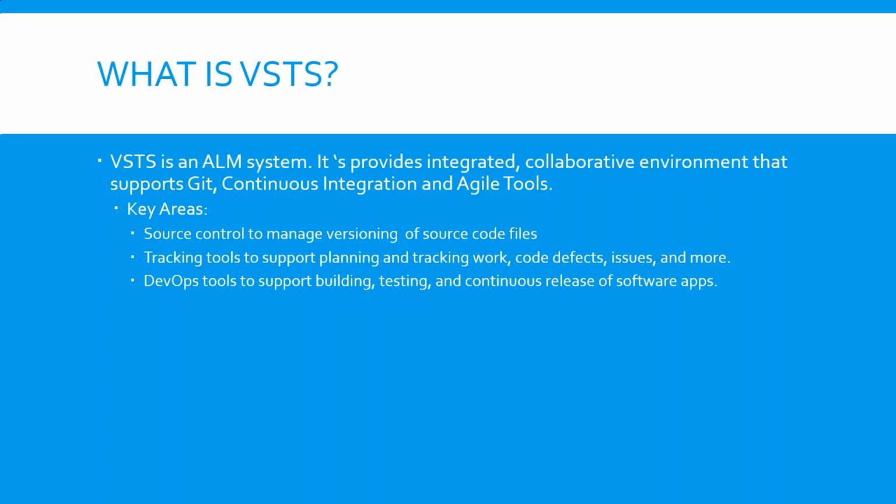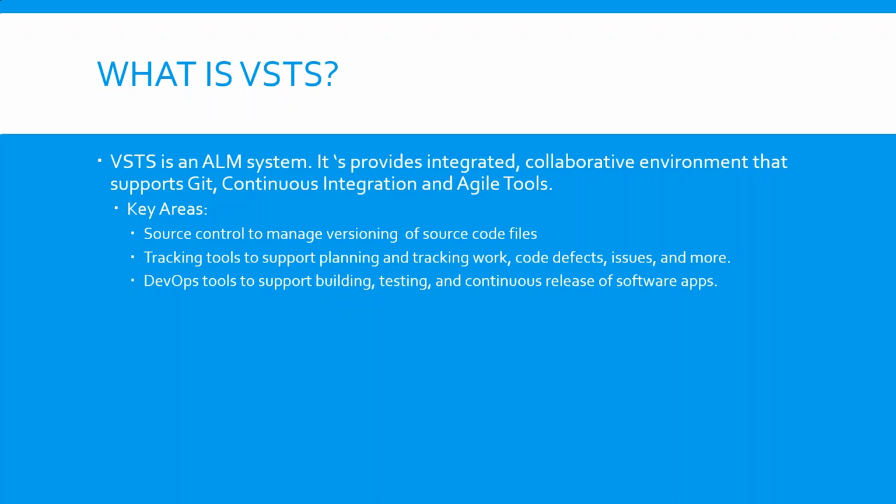VSTS is cloud-based, offering Microsoft cloud-based solutions, not only for application lifecycle management; we can even integrate any third-party tools to make our software development more efficient. We can call VSTS a productivity improvement tool. It provides an integrated and collaborative environment that supports continuous integration as well as agile.